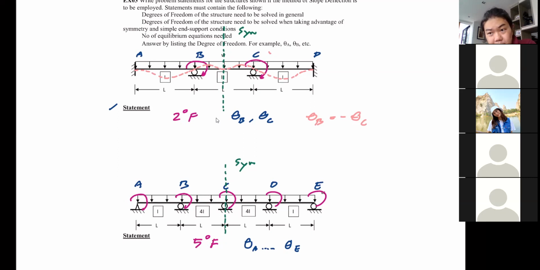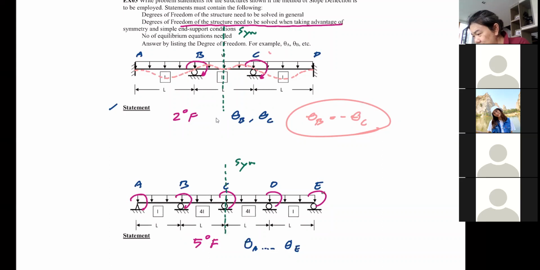So if you have a symmetric structure, this is another piece of information that you can gain. That means the degrees of freedom of the structure reduce when taking advantage of symmetry.